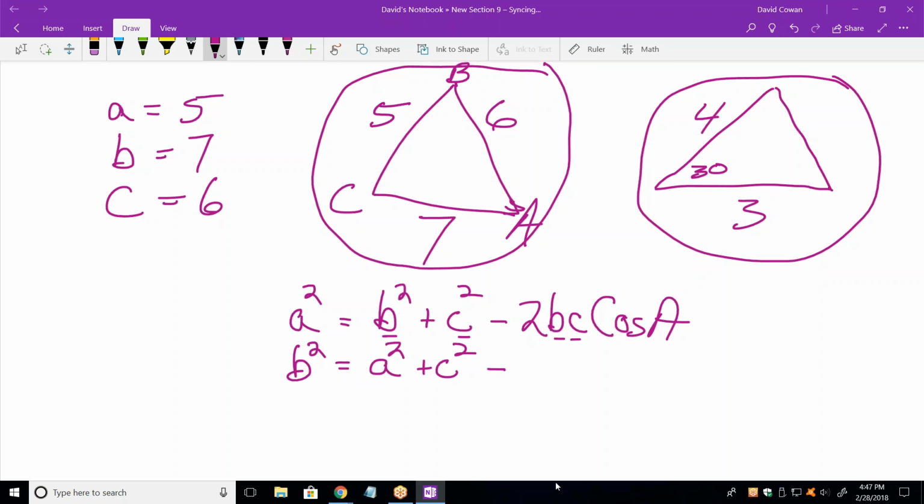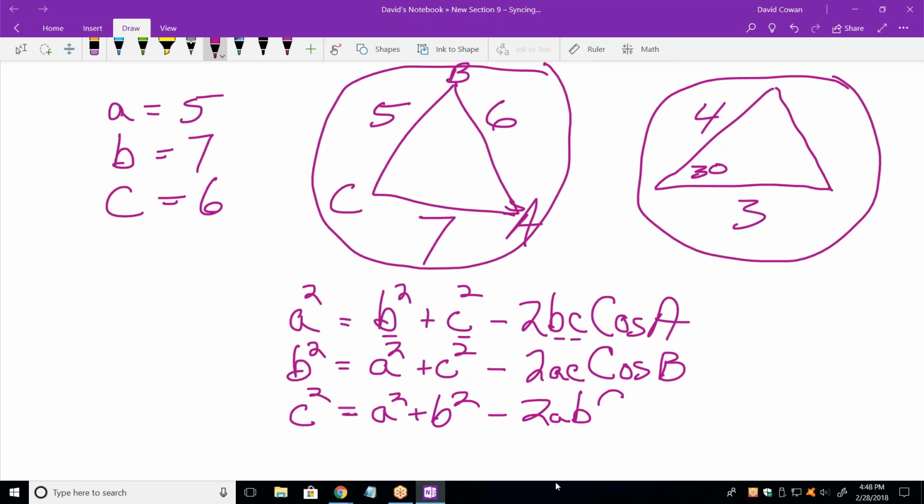So the second one is 2ac, and this angle is the same as that letter, only it's capital B. Remember, little letters are side lengths, angles are big letters. And the third one, give it to me. c squared equals a squared plus b squared minus 2ab cosine C. Correct. All 3 of them are really the same.